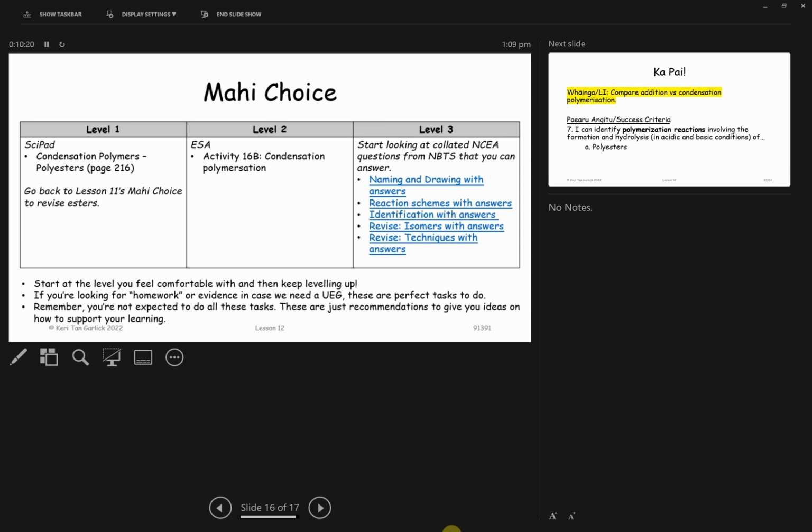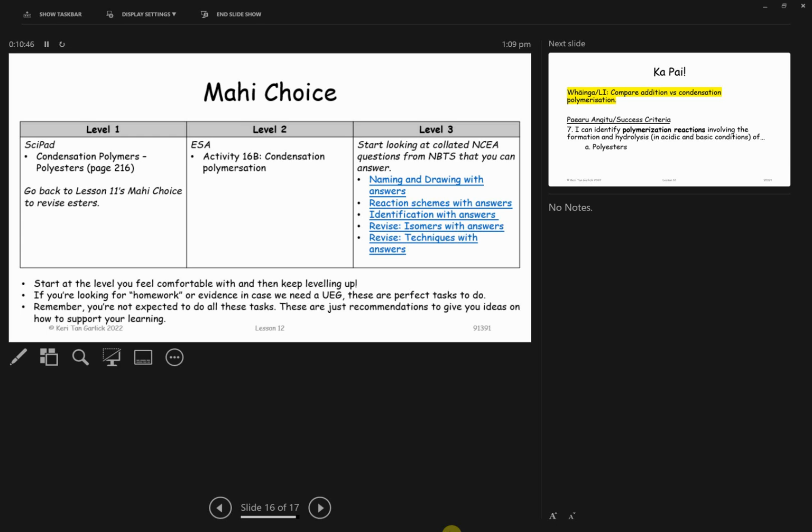But yeah, there's SciPad work, there's ESA stuff as well, and if you're feeling like you're really confident with this material, there's the collated questions from No Brain Too Small. They're all from the past NCEA exams, and you guys, like I said, have covered most of the organic chemistry, so you can do most of these collated questions. Keep in mind when you're thinking about collated questions, what type of question you are struggling with, so that way you can target that specific one.